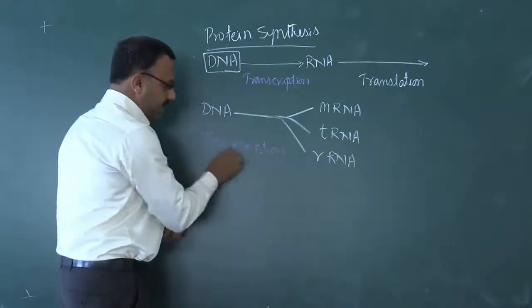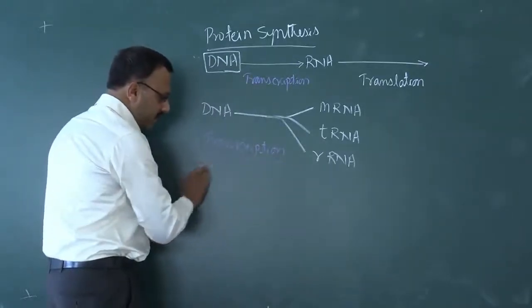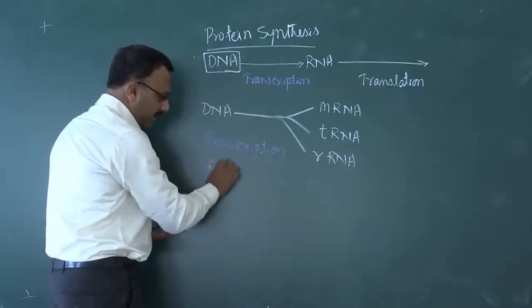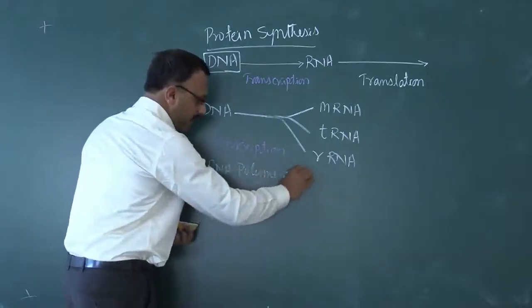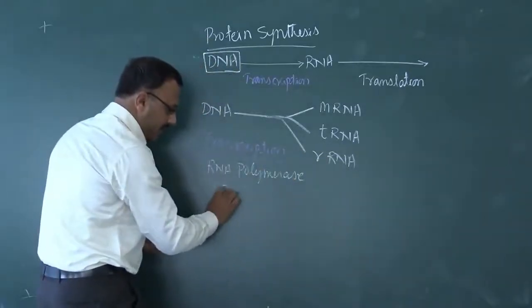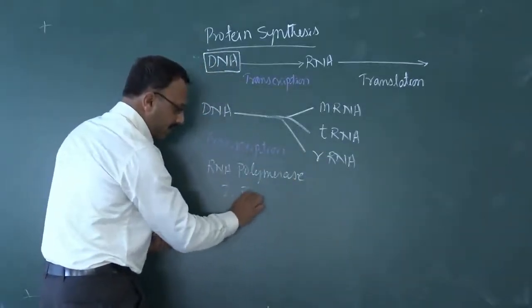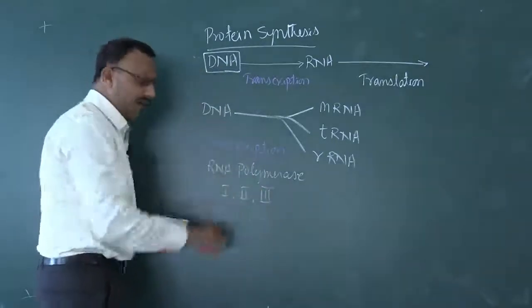And this transcription is totally regulated by RNA polymerase enzymes, which are of three different types: polymerase 1, polymerase 2, polymerase 3, which are dependent on DNA.